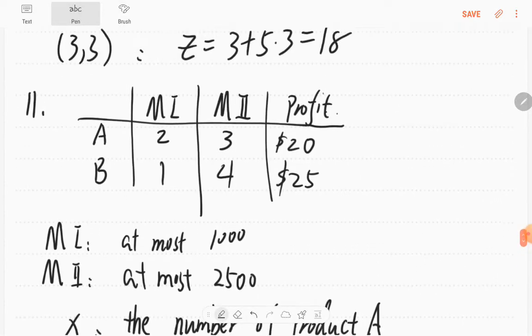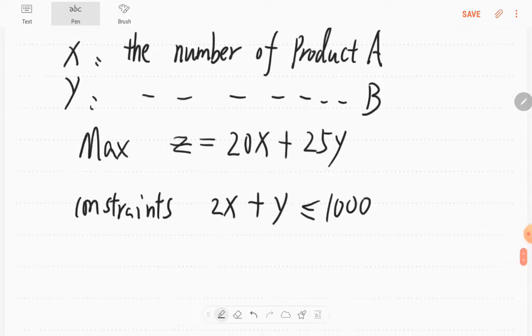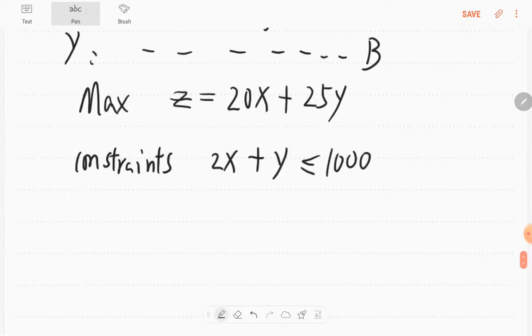So machine 2 at most 2,500. Product A takes 3 hours each, and product B takes 4 hours each. So you have x product A and y product B. 3x is the total hours for product A, plus 4y, the total hours for product B on machine 2.